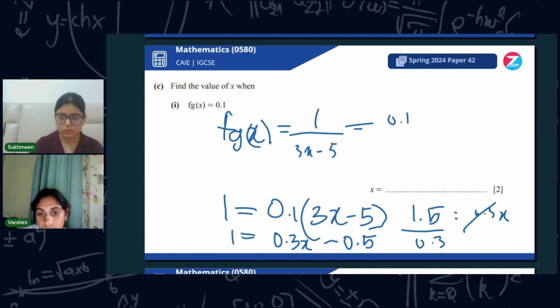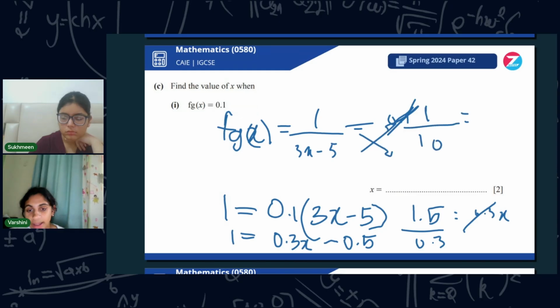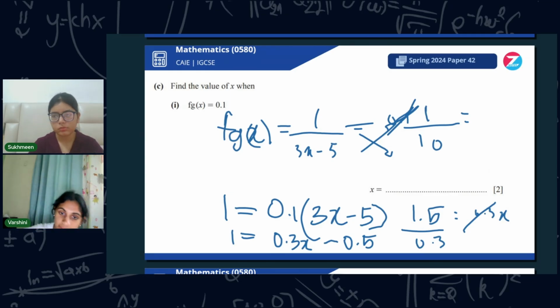And another way to do this would be, we know that 0.1 over here is also equal to 1 by 10. So now when we cross multiply, we know that 1 into 10 is going to equal 1 into 3x minus 5. So 1 into 10 is going to be 10 equals 3x minus 5.